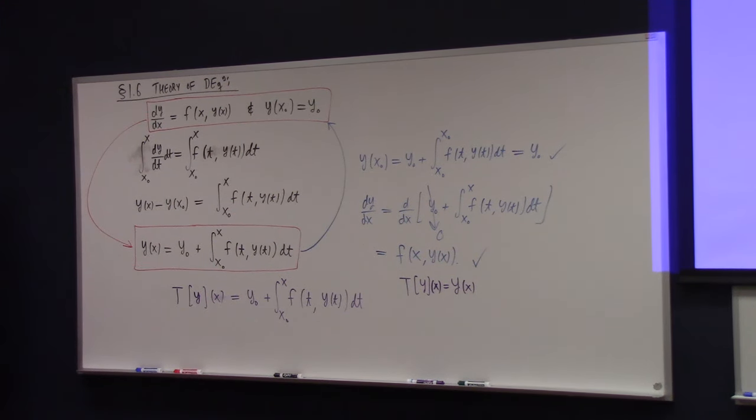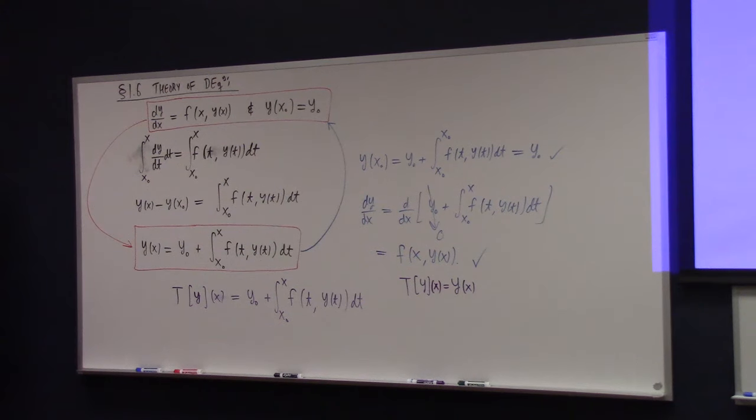Yeah. So the answer to the question I was posing a second ago is that T of y equal to y means that it solves the integral equation. Look at it. If you put T of y equal to y, that means that when you plug y into the integral equation, it works.